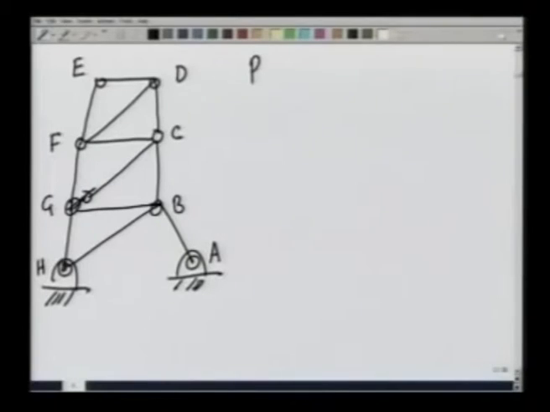To start with, let us look at point E, and I am choosing point E because from there we can start solving things in a very simple manner.